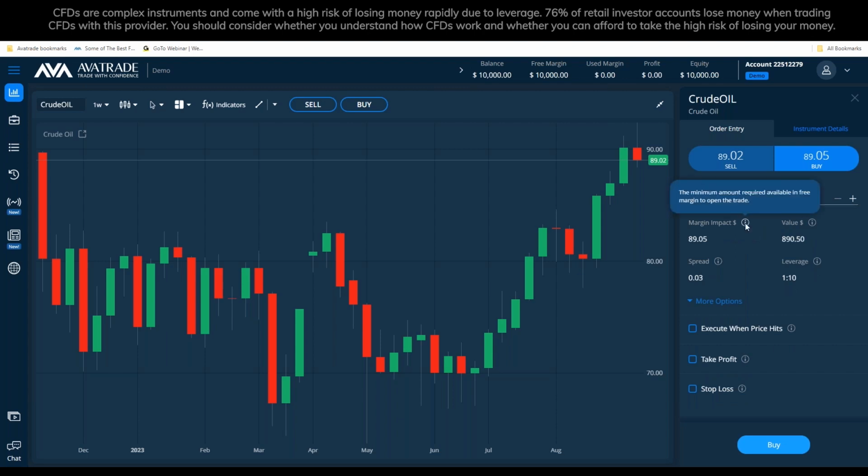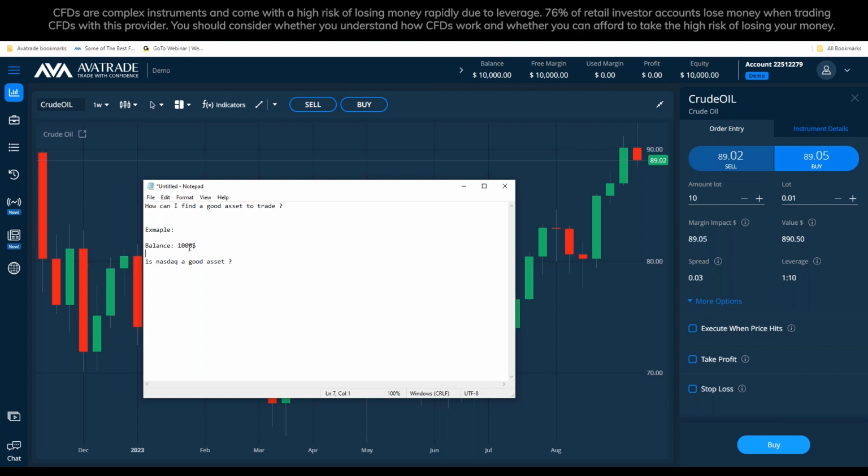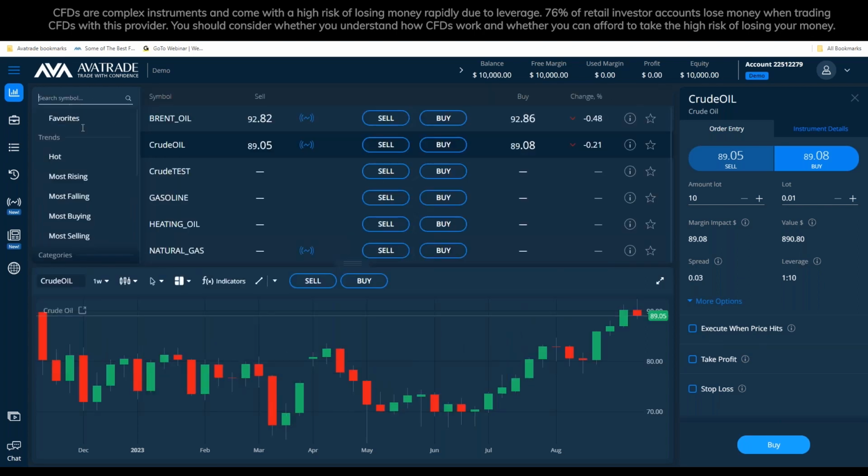So with 100, well, 100 is not a really good example for any asset because you see it used almost all of my margin. But never mind. With 1,000, I'm just on 9% usage. So crude oil could be a good asset for me. I don't know if it's an asset that I'll make profits with. That depends on the analysis. But it could be good. Let's try gold, just as an example, or something else, sugar.